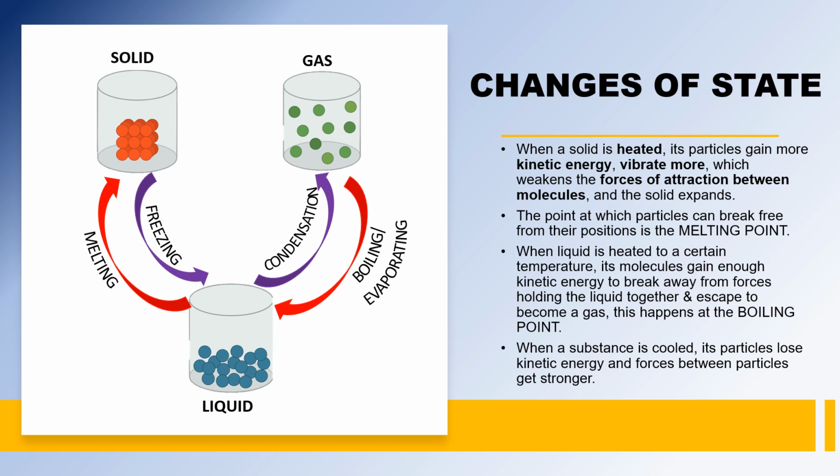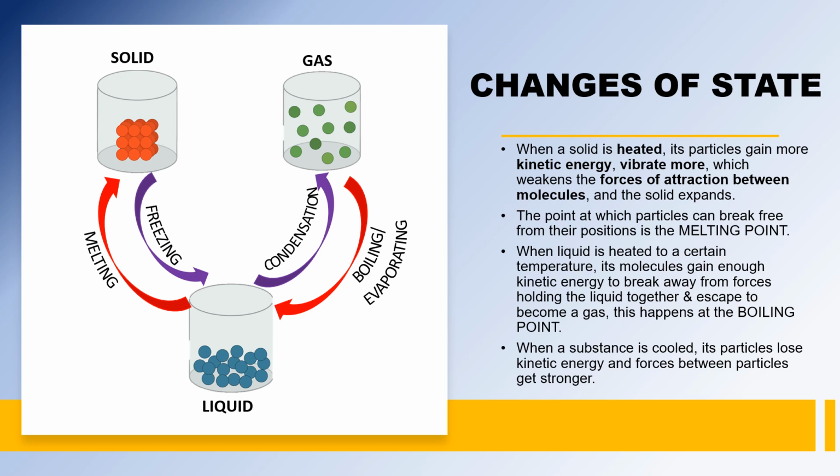So when the liquid is heated, particles will gain more kinetic energy, they'll move faster, forces of attraction will weaken, and at a certain temperature, which is called the boiling point of the liquid, particles will have enough energy to overcome the forces between them and turn into a gas.